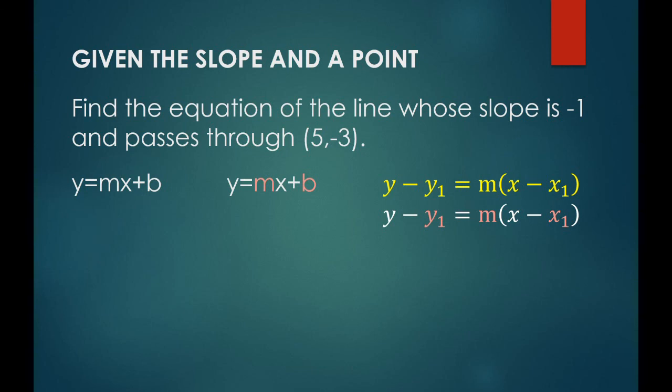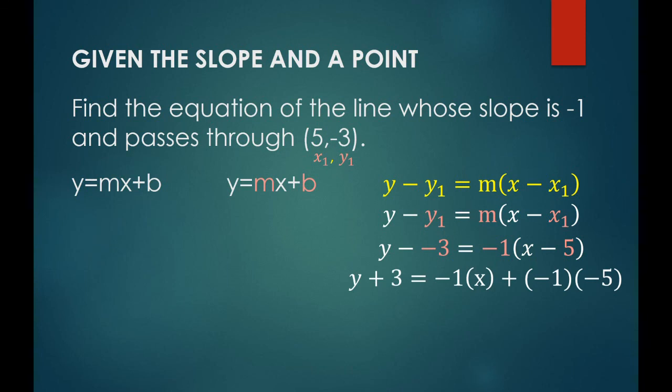So, saan naman manggagaling si y sub 1 and x sub 1? Siyempre, manggagaling yan dun sa point. So, x sub 1 is 5, y sub 1 is negative 3. So, papalit natin yung lahat dito. Y minus negative 3 equals negative 1 times the quantity x minus 5.